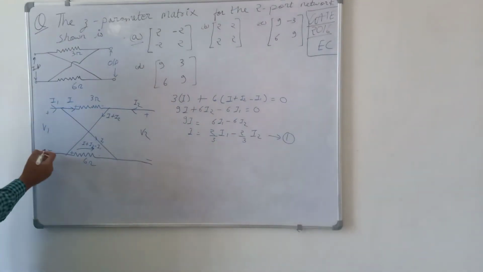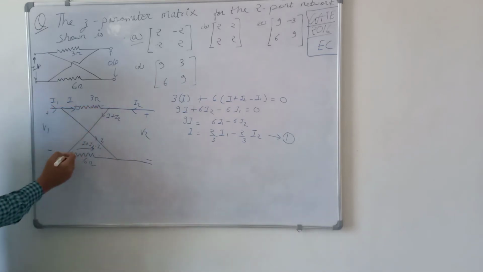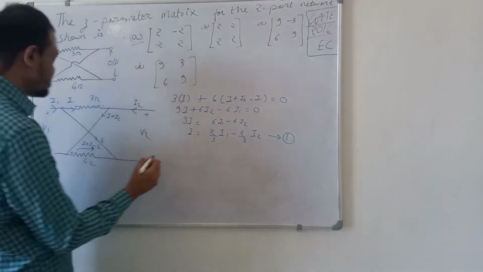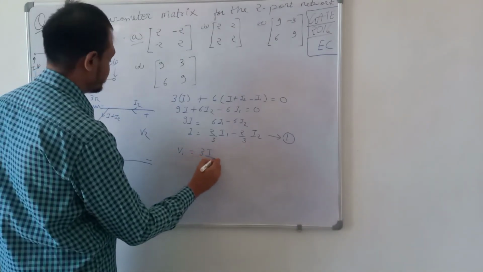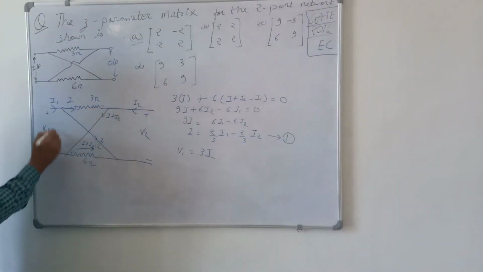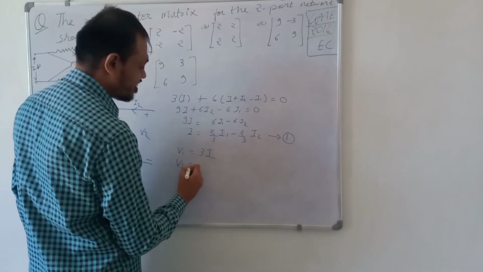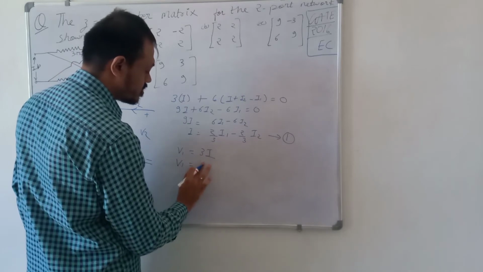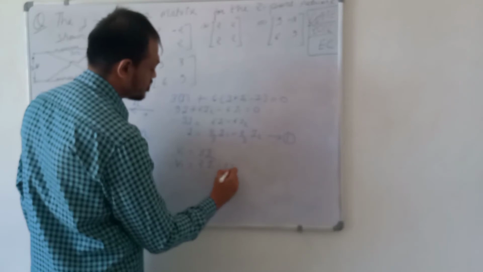Now if you want to write KVL for voltage V1, then you have to move from here to here to here back. So V1 is equal to 3 into I, because V1 is across this 3 ohm resistor. So from equation 1, V1 is equal to 2 I1 minus 2 I2.